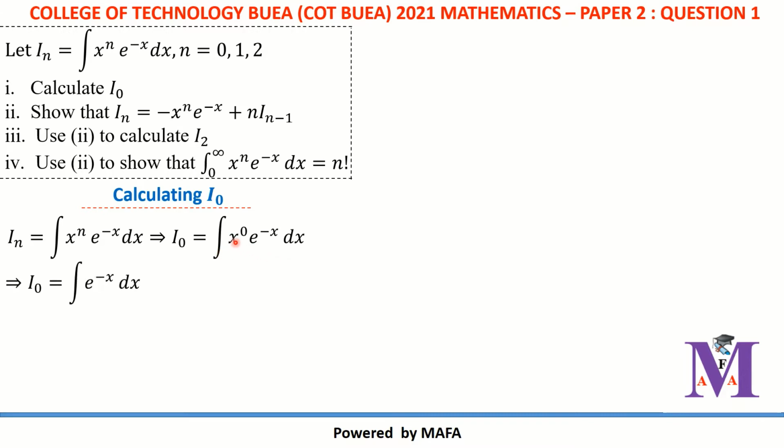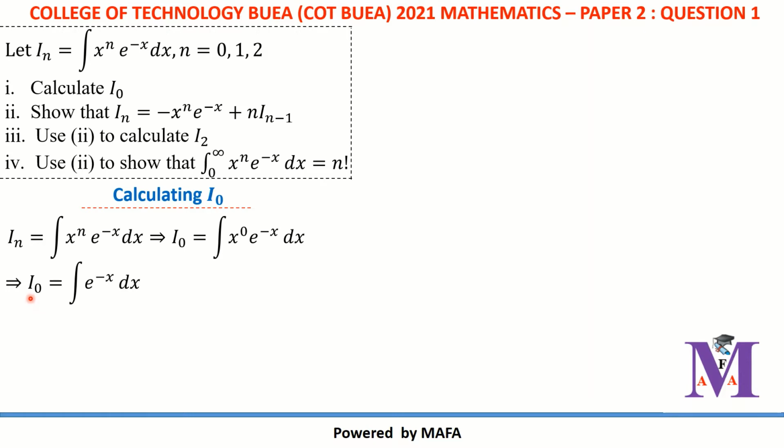So x to the power 0 is 1, since x is different from 0. That's by the domain of definition of the integral and with the values of n. x is clearly different from 0, because if x is 0, 0 raised to the power 0 is not 1, it's undefined. So for this integral to be defined, x is different from 0, since our n begins from 0.